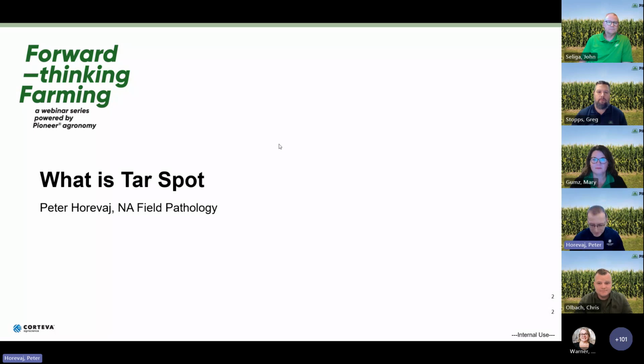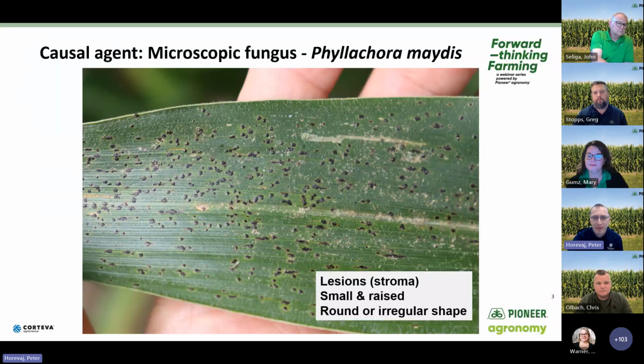I did like how Chris said that we are going to unpack a little bit. So let's unpack a little bit on tar spot. My portion of the talk is really going to concentrate on the pathogen and on the pathosystem, so it's going to be from the pathology point of view, to give some overview of the disease.